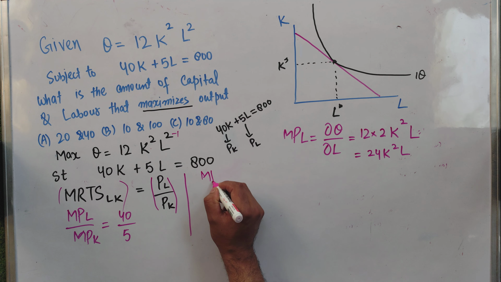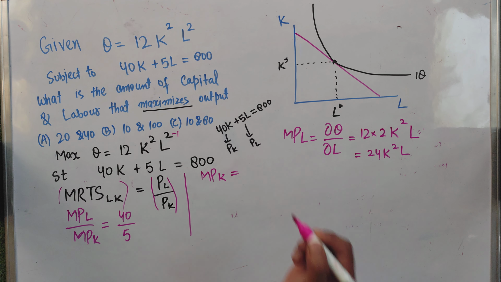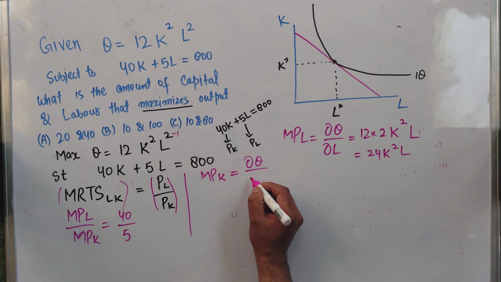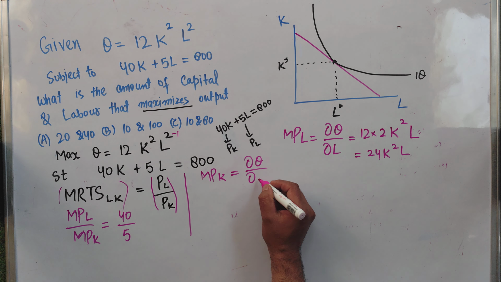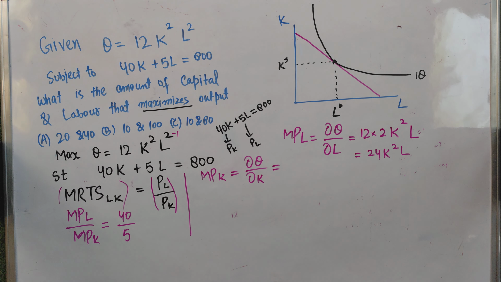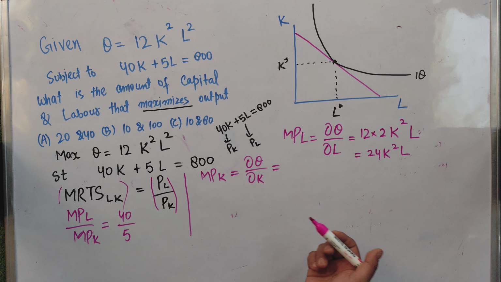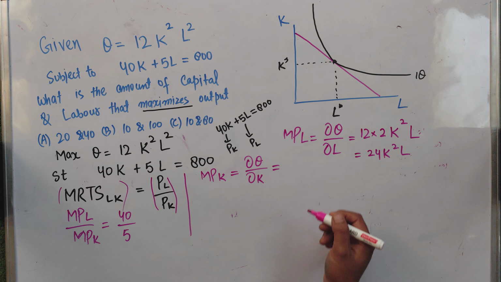Similarly, the marginal product of capital is the change in the output due to the change in the units of capital employed. Mathematically, it is the partial derivative of the production function with respect to capital. Using the same logic, by the power function rule, the exponent of K becomes the coefficient and the exponent is reduced by 1.